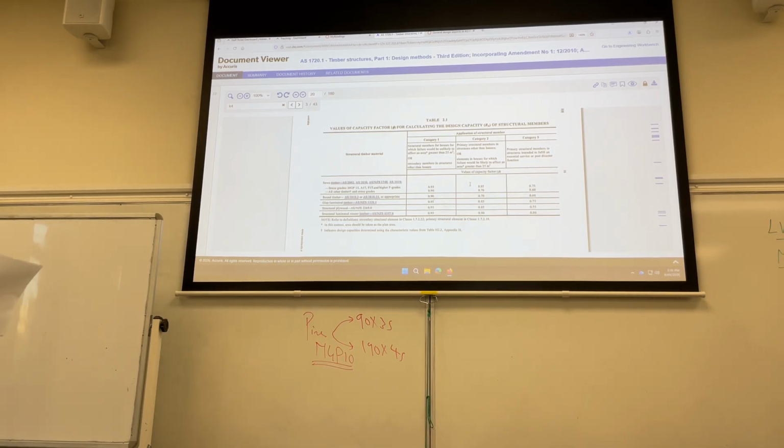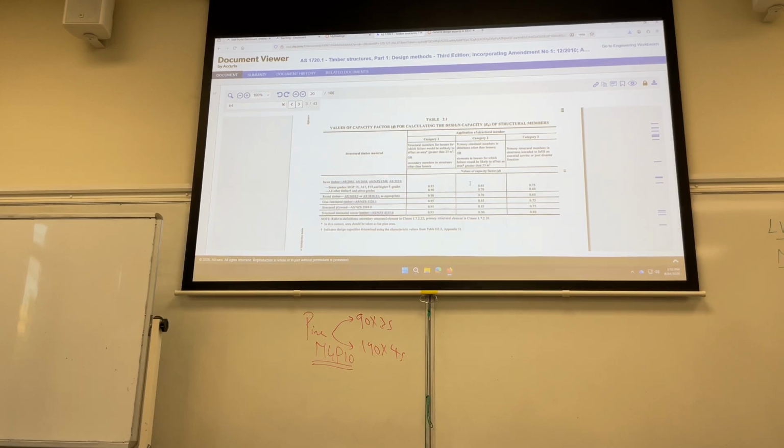Is it 0.95 or 0.85? What do you think? 0.95. Why? Because this row is structures other than houses, primary members in structures other than houses. Because we are checking what, a wall stud, right? This wall stud is a secondary structural member.